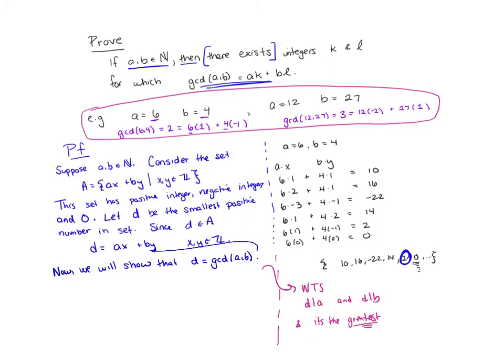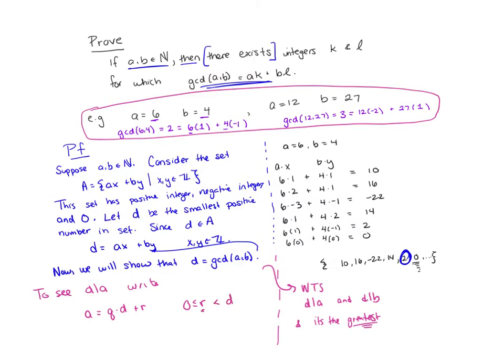So let's first show that D divides A. So to show that D divides A, I'm going to write my A as some number Q times D plus R, using that division algorithm that we've talked about previously, where this R is going to be some number.